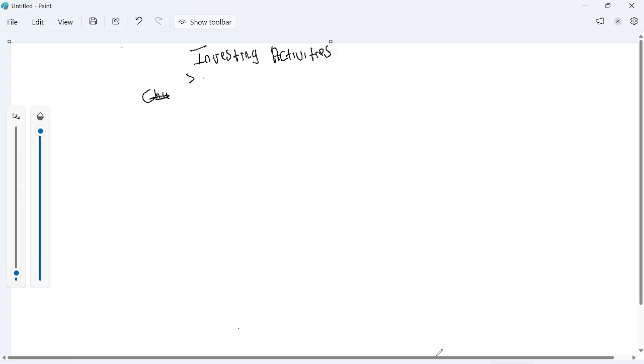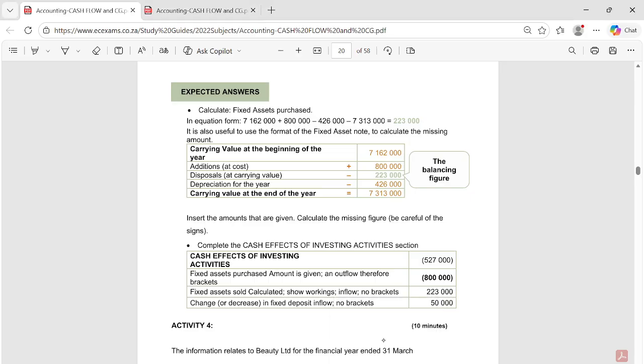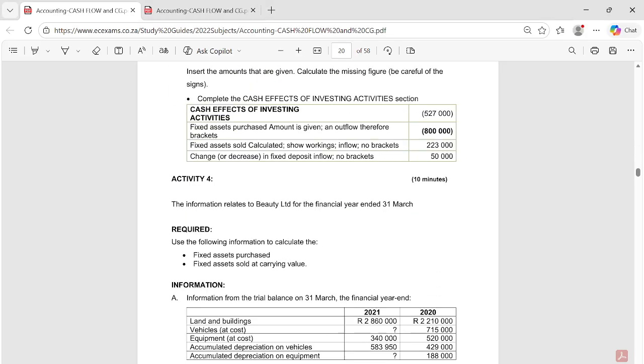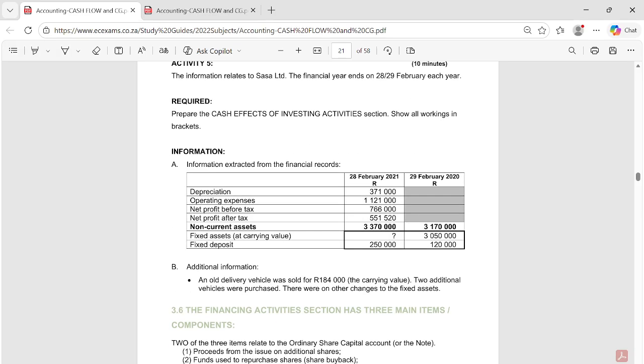Now we're going to say proceeds on sale, and then purchases, and your change in fixed deposit. Now we move on.